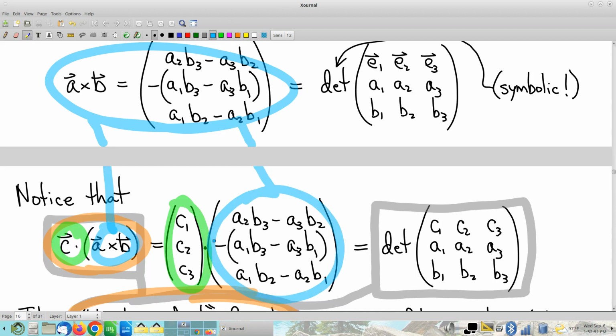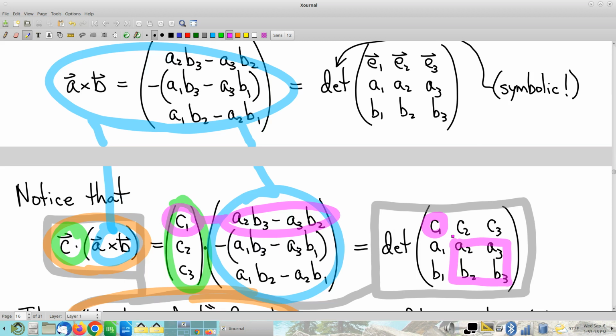And so I can just multiply this out, this literal dot product. Here's what you notice. The first term of that dot product is that times that, which then you come over here and you notice that's this number times the determinant of this 2x2 submatrix. It's starting to look like an actual determinant.